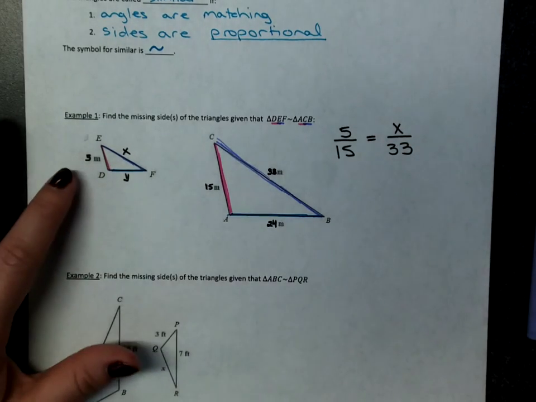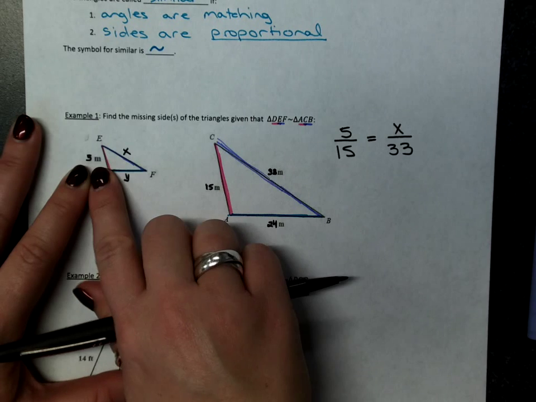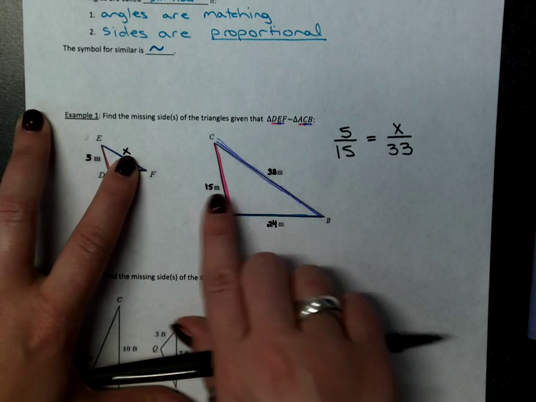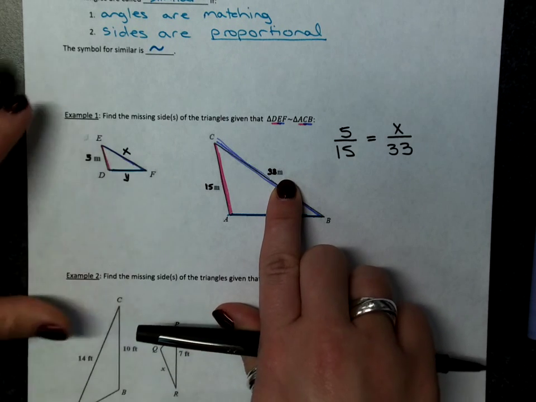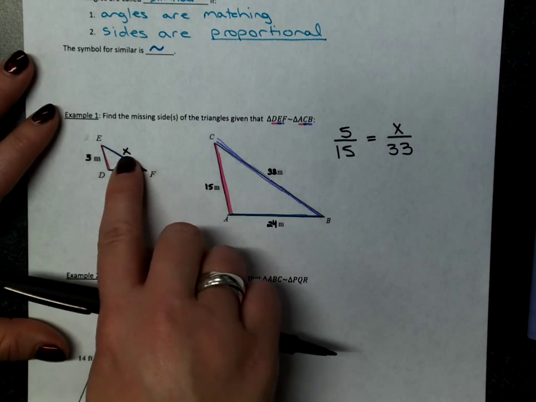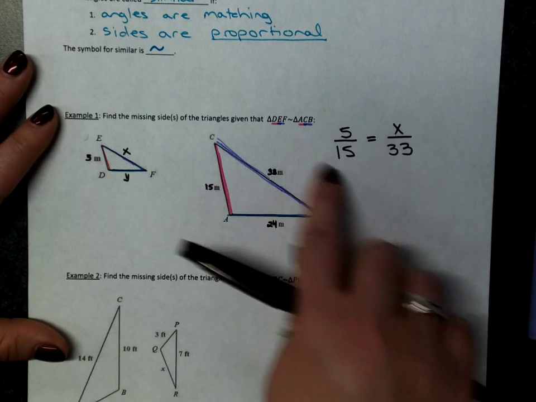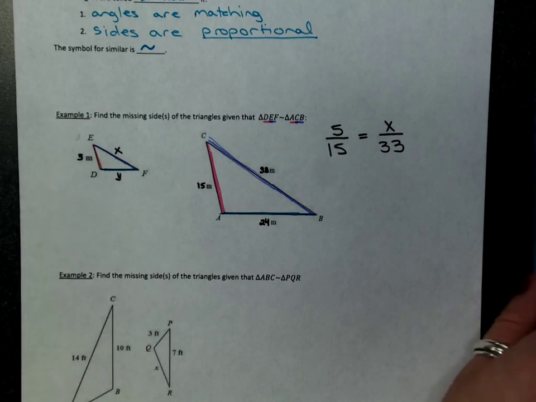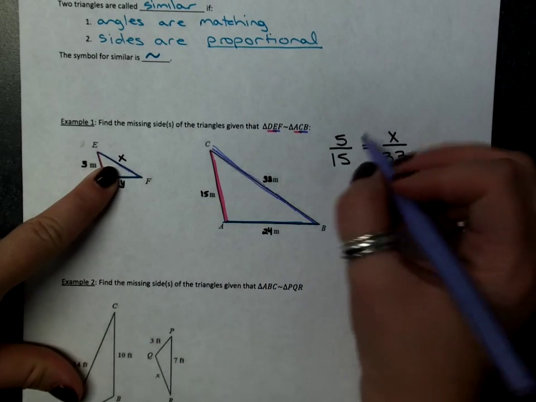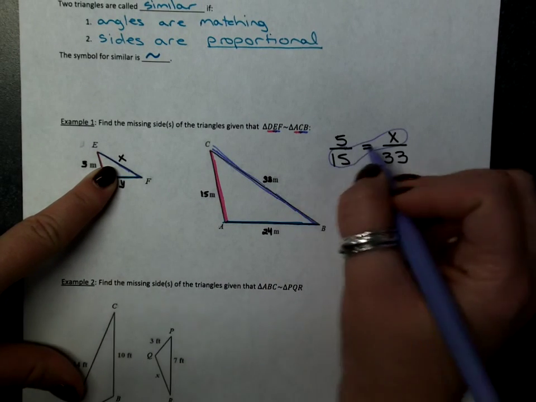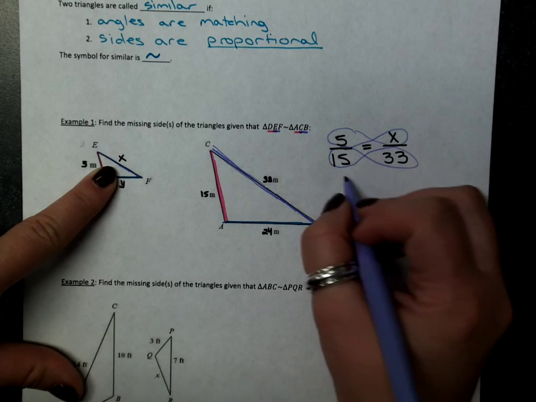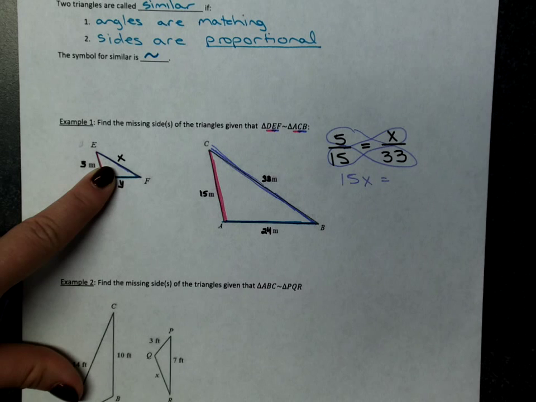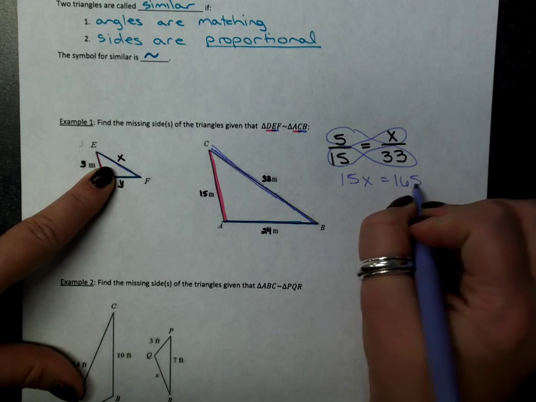So I have to be consistent. If I start with the left side triangle, 5 to 15, I have to be consistent, X to 33. If I go left to right, I have to go left to right. From there, I can cross multiply and solve for this missing side X. 15X equals 5 times 33, which is 165.